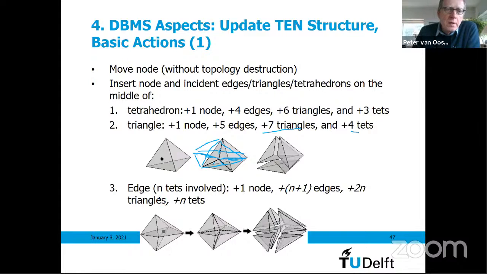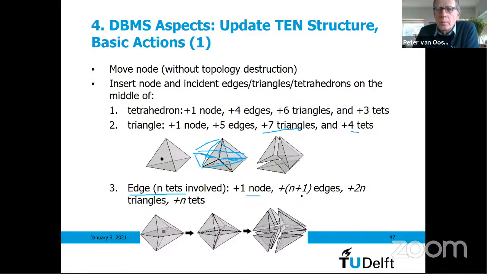Perhaps the most nasty case is if we insert a node on an edge like this case, and we see in this case that there are 4 tetrahedrons associated, and also 4 faces. We get one more node, and we count the number of tetrahedrons or faces involved, and we call that n.